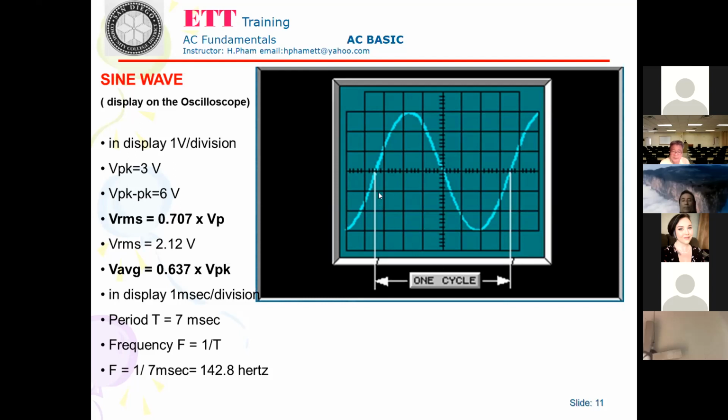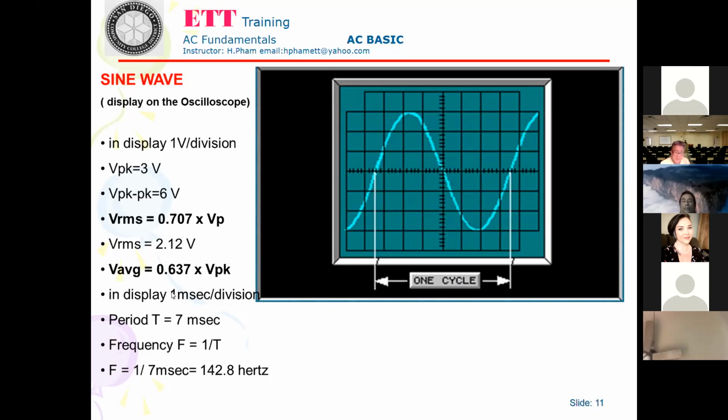And from left to right, you have 10 divisions. Now you start counting. From here, you get 50% of one division. Here, 1 division, 2, 3, 4, 5, 6, and a half here. You get a total of 7 divisions for the time.